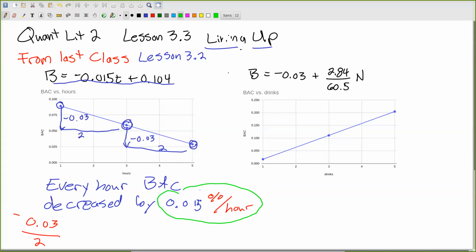And whenever we do a division like that, when we look at how two things changed, sorry, I'm having a hard time tracking my pen on this screen, but hopefully I'll get used to it. So as we track this change here, the BAC changed over time. When we divide those two changes, that is referred to as a rate of change.